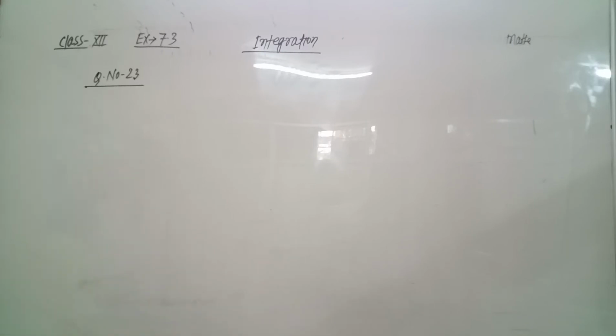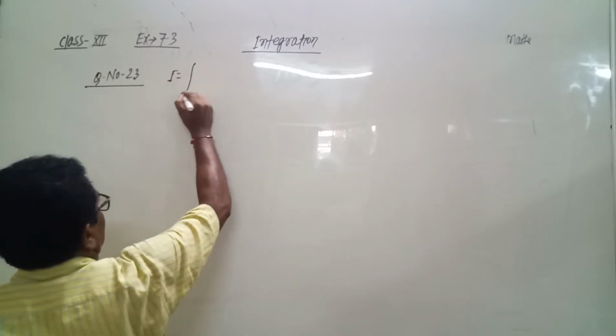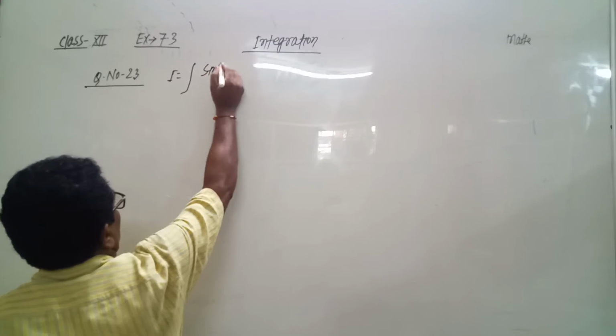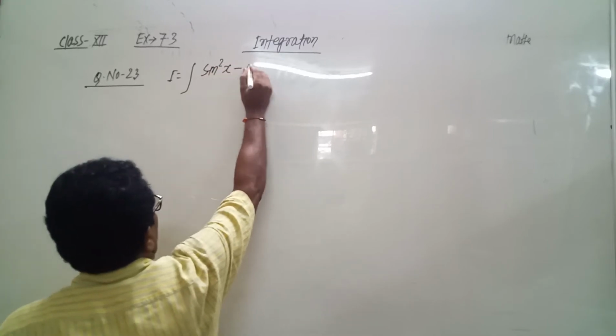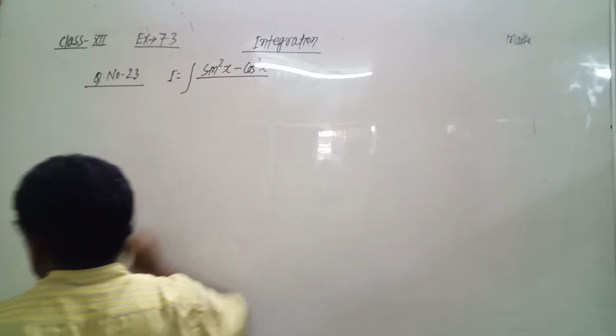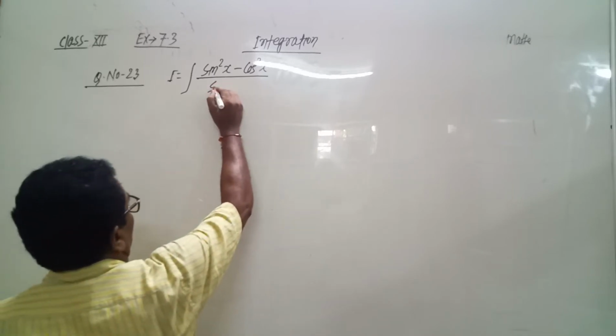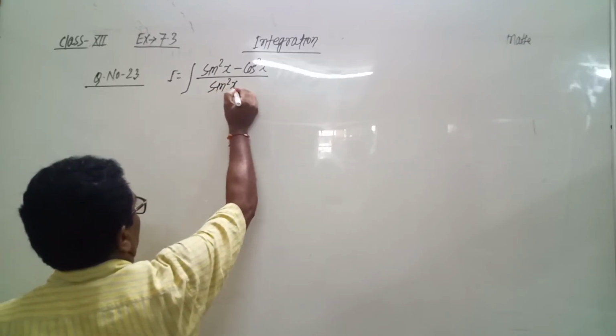We are given the integration of (sin square x minus cos square x) upon (sin square x into cos square x) dx.